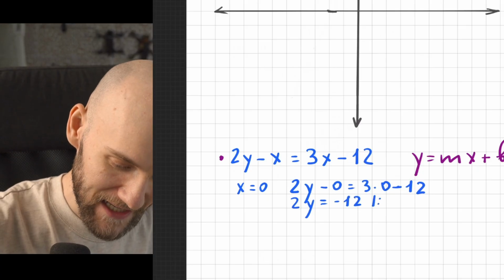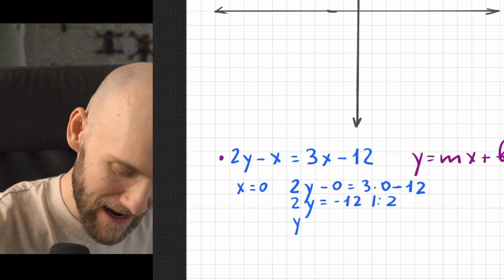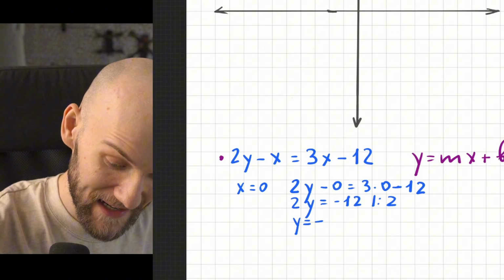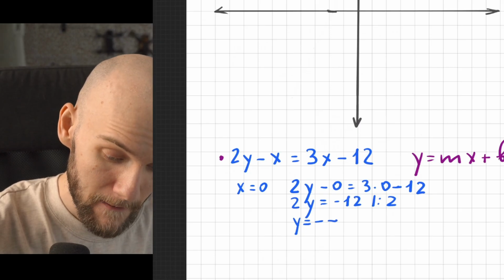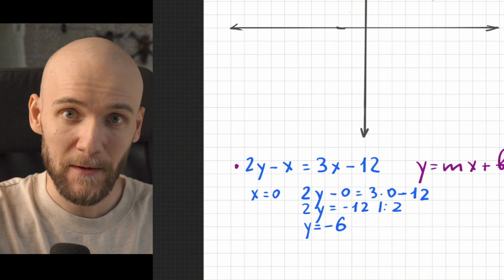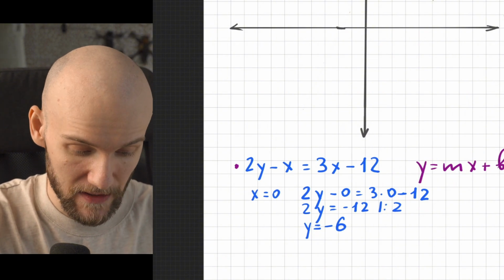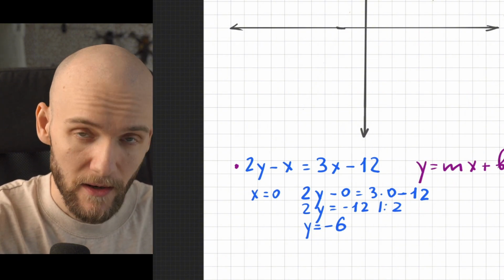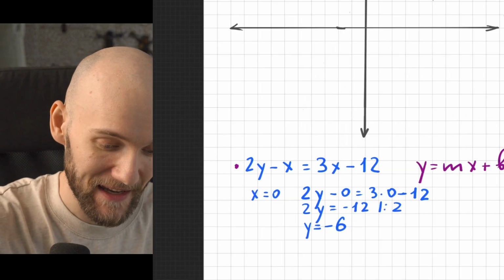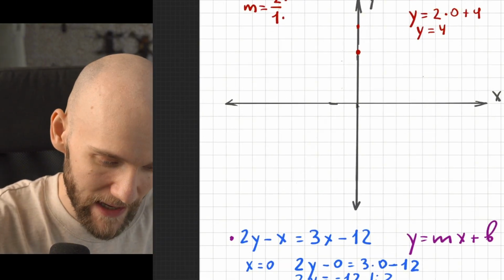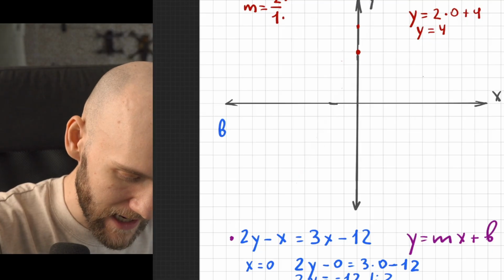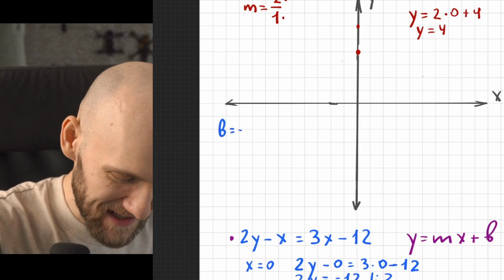Then we just divide both sides by 2, and we get our y value, which is minus 12 divided by 2, minus 6. That's it. Without making any alterations to our initial equation, we just found our y-intercept. It's minus 6.